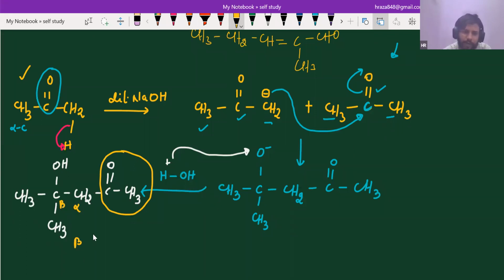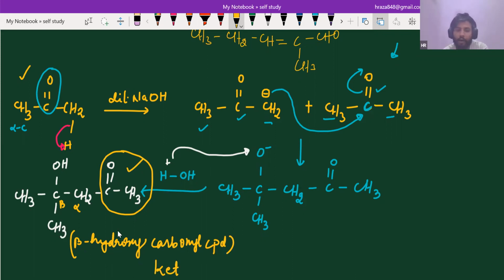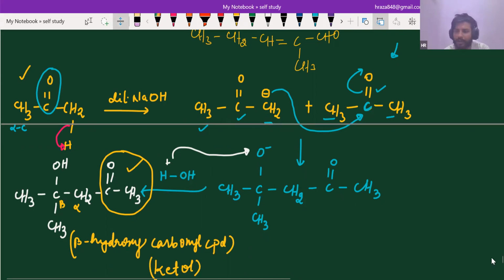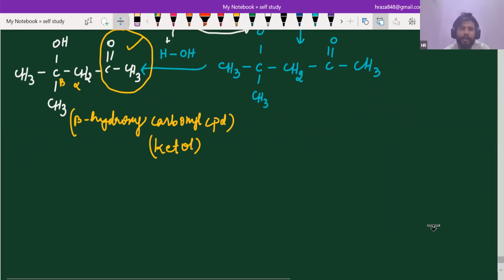So we can write beta hydroxy carbonyl compound, beta hydroxy carbonyl compound. And since you can see there is ketone, so keto and kit and all is for alcohol. So this is ketone. And we can also do the aldol condensation, ketol condensation in the way you just need to remove water from here.